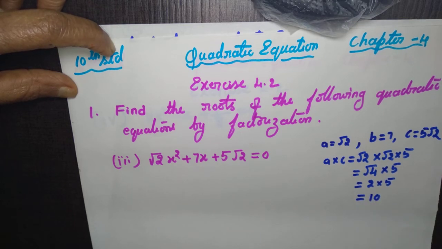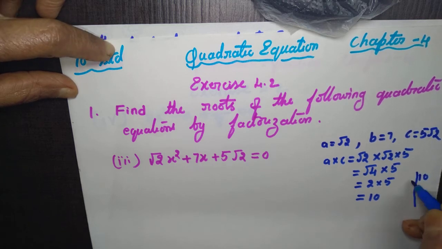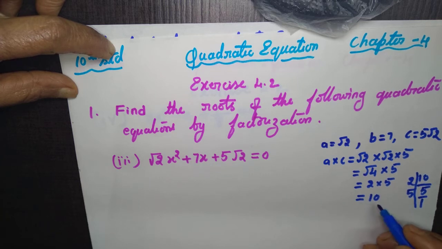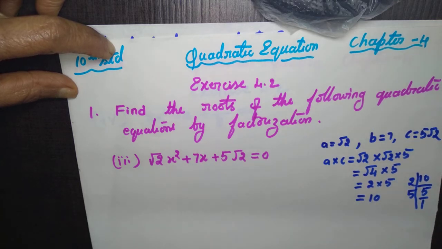Then you have to split this. What are the factors of 10 here? We will get only 2 factors, that is 2 and 5. a into c is 10, the product of the first and last term. And if we add these two, what will you get here?